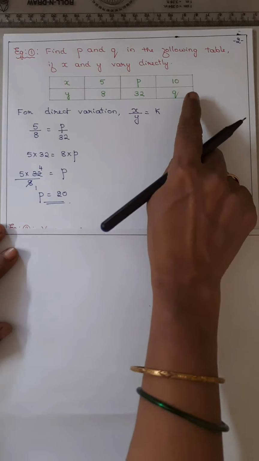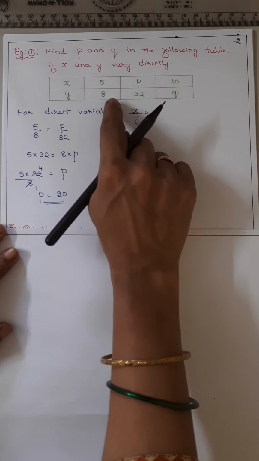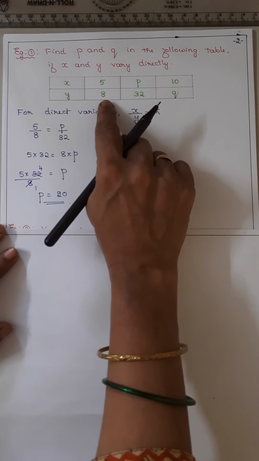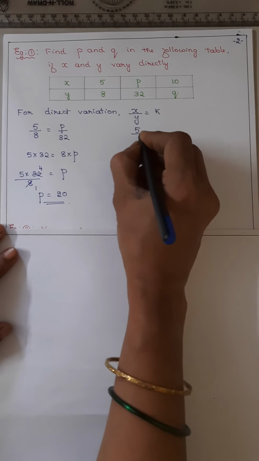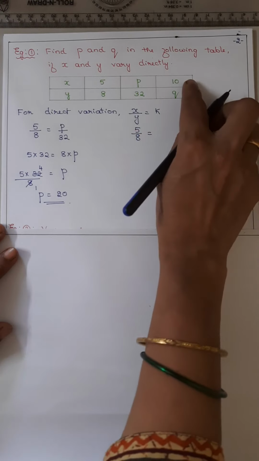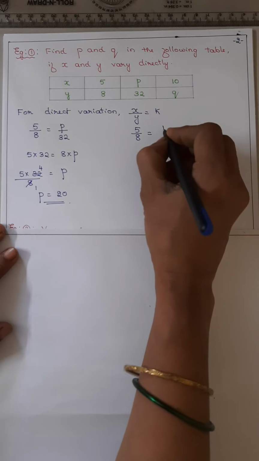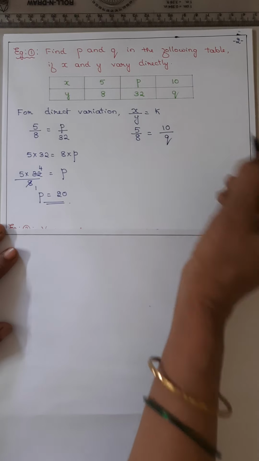Now, to find q, take the column where x and y are given. So 5 by 8 is equal to, take the third column, 10 by q.